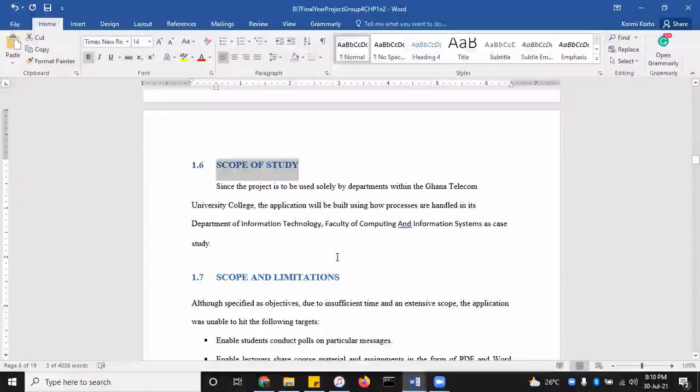There has to be a boundary line. So you can say the system is going to comprise so and so and is built to accommodate maybe only the GTC environment. For instance, when Mark Zuckerberg first designed Facebook at Harvard, it was mostly within Harvard University or campus. It was until students started spreading the news about the application's benefits to other universities outside Harvard that he realized this was a potential application that could change the game.